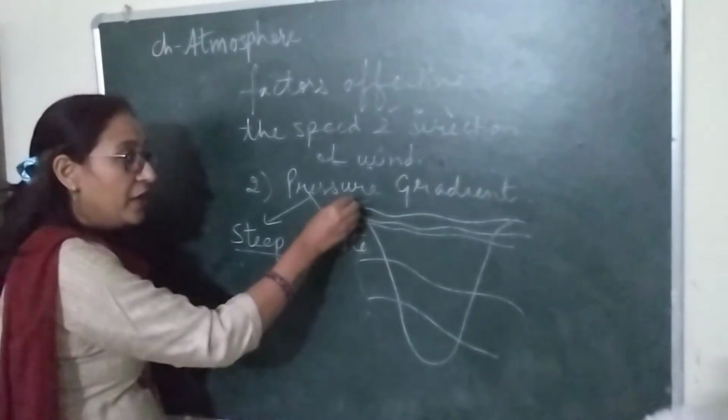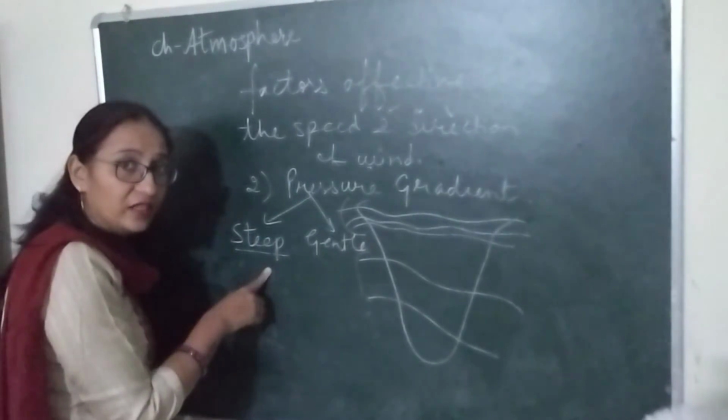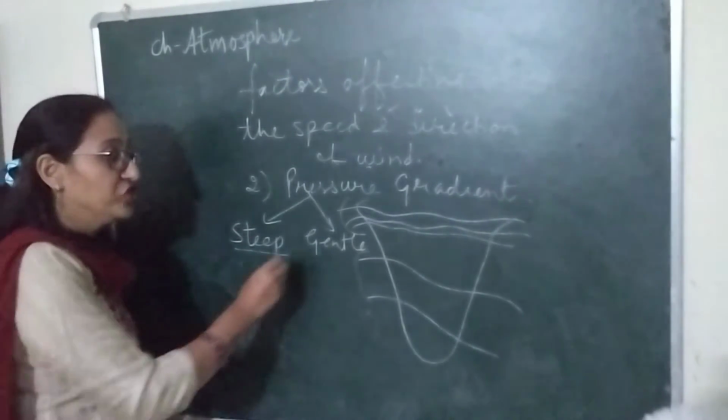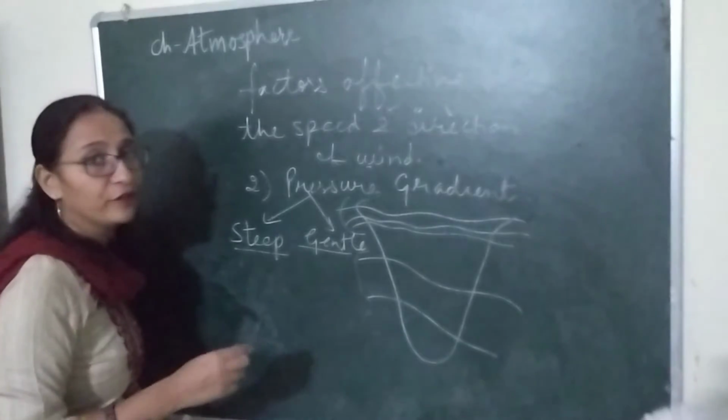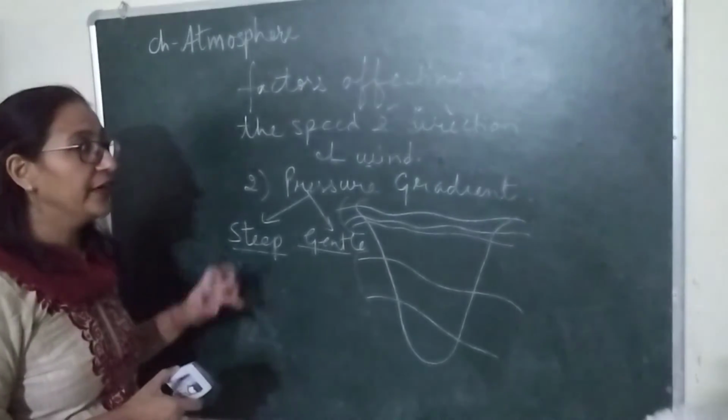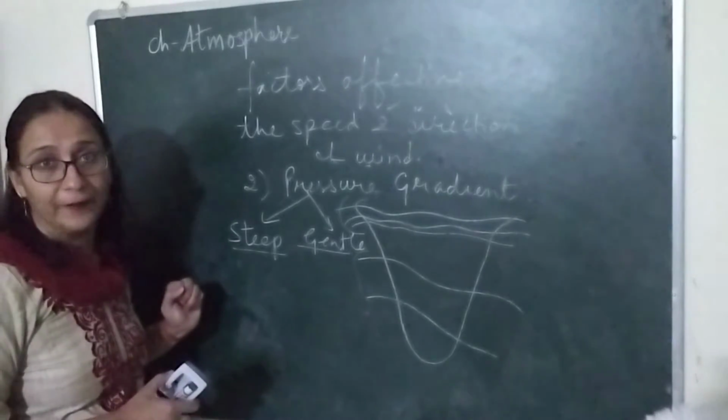Now, steeper the pressure gradient, the speed of the wind will be high. And gentle the pressure gradient, the speed of the wind will be low. So in this way, pressure gradient affect the speed of the wind.